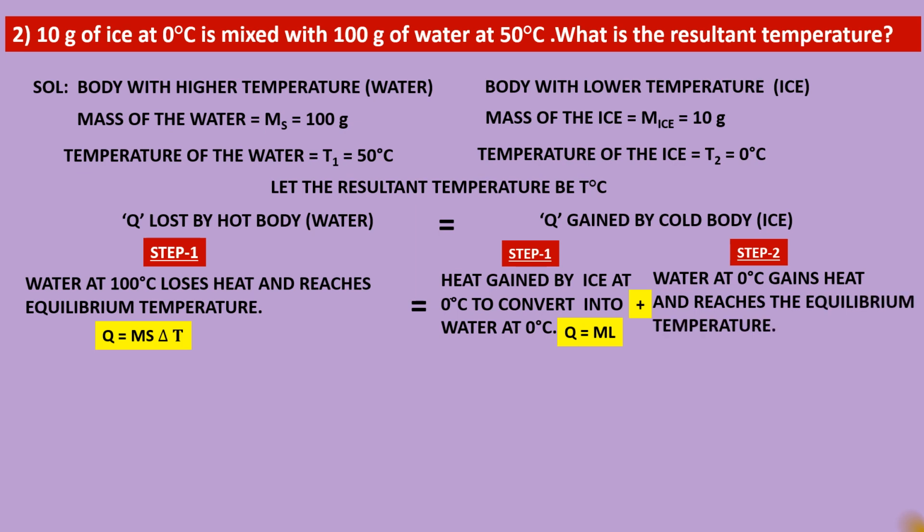For this, we are using the formula Q is equal to ms delta T. So for hot water, the formula is m into s into delta T, and for ice, we have two formulas: one is ml and another is ms delta T.